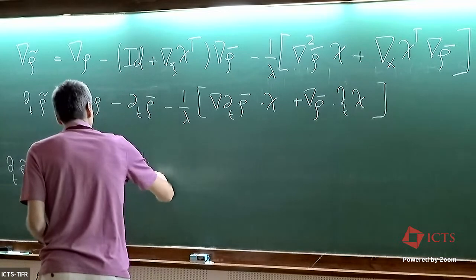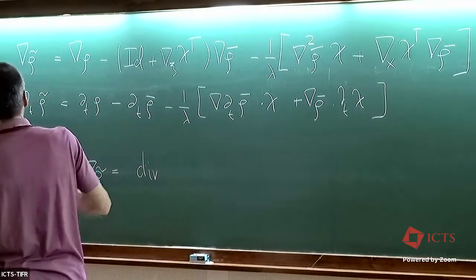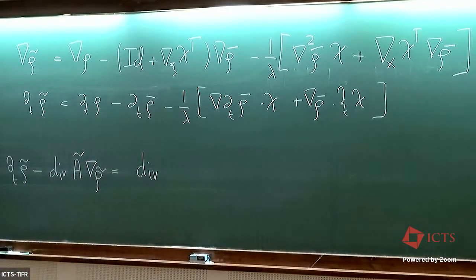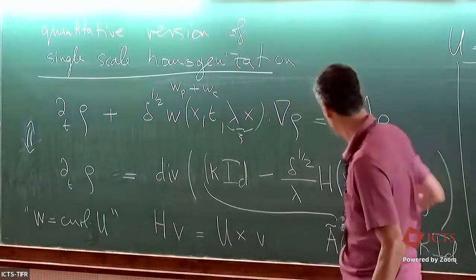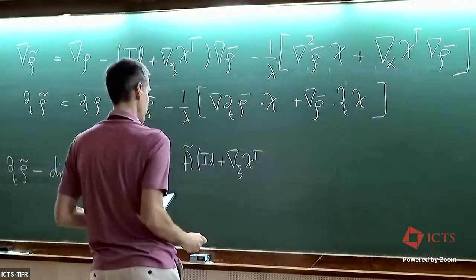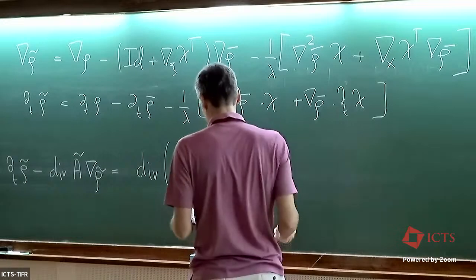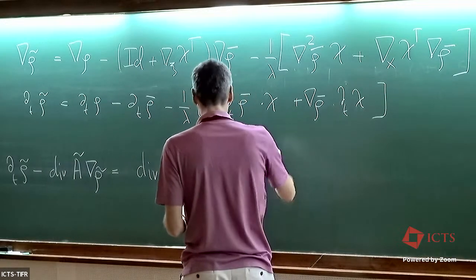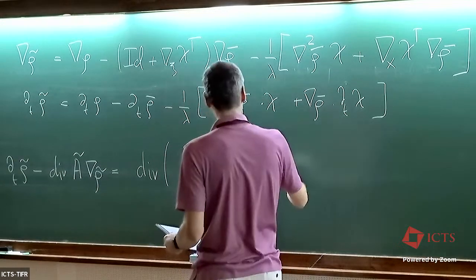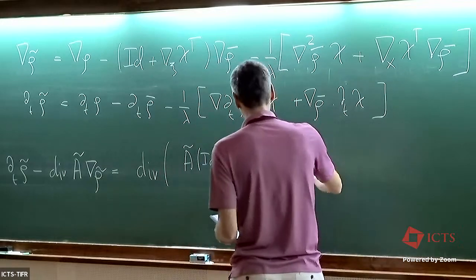I'm going to write things in this way. So you see, I've computed the gradient and dt, there's the dt, of course, and then the gradient enters inside the divergence multiplied by this A tilde. And so, for instance, you have A tilde multiplying this term. So there's this term, A tilde times identity plus the transpose of the psi gradient of chi, times gradient rho bar. And I'm going to already, looking ahead, subtract the average.